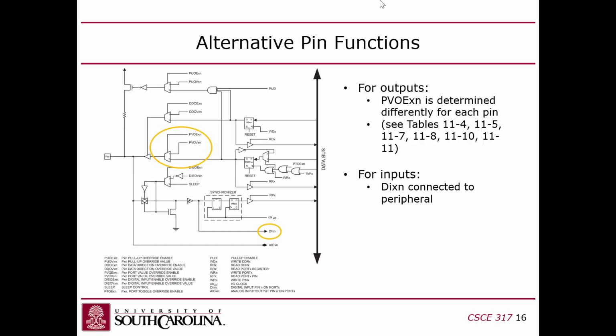So what determines that? Well, the data sheet shows a block diagram of these pins. They can be input pins or output pins, so they're bidirectional. You can see this is the input side, where data can flow in through this synchronizer eventually onto the data bus. And then you've got these other paths for output.